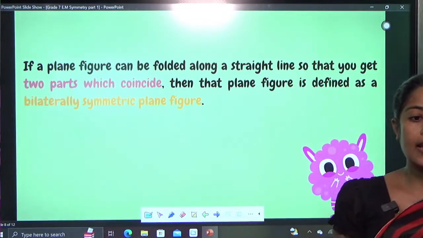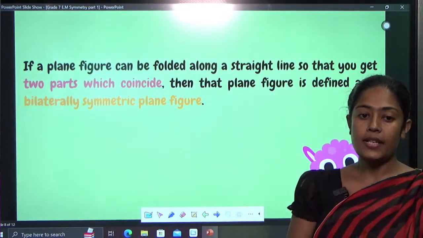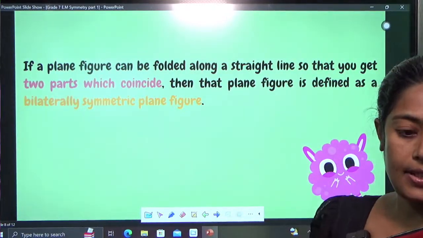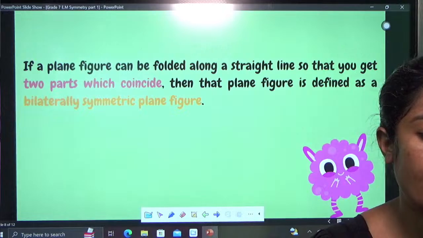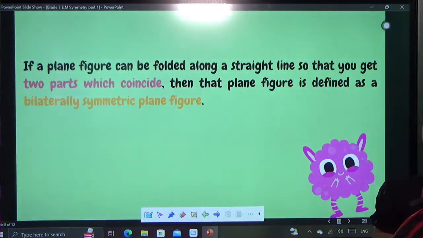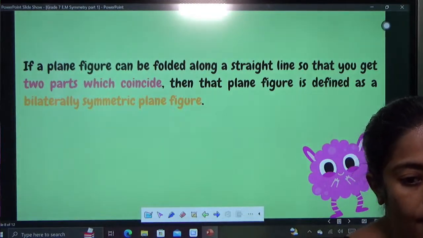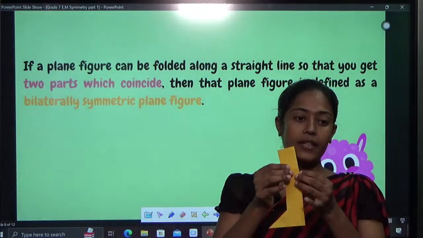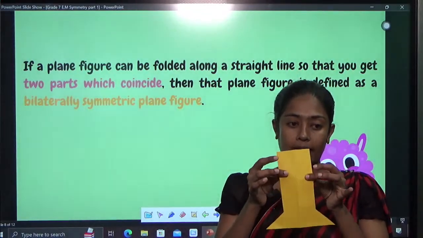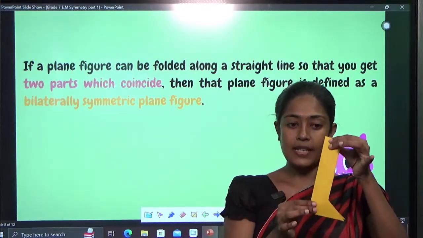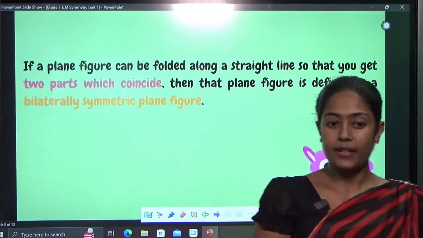If a plane figure can be folded along a straight line, now what we have done in that activity, so that you get 2 parts which coincide. Like this, we have folded this one along a straight line, then you get 2 equal parts, those coincide with each other, right?